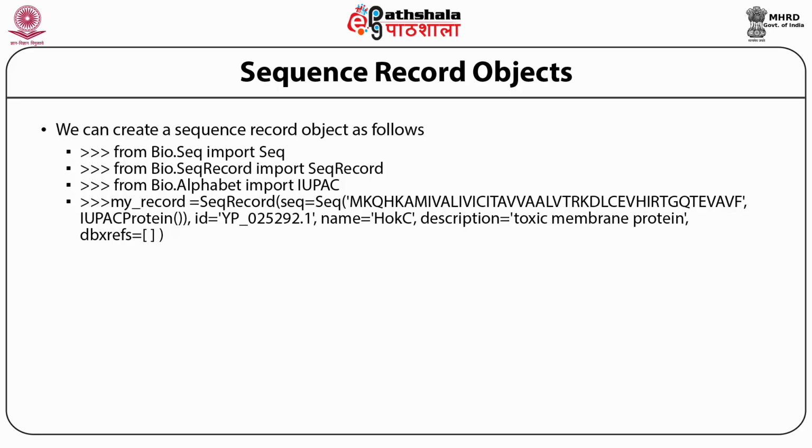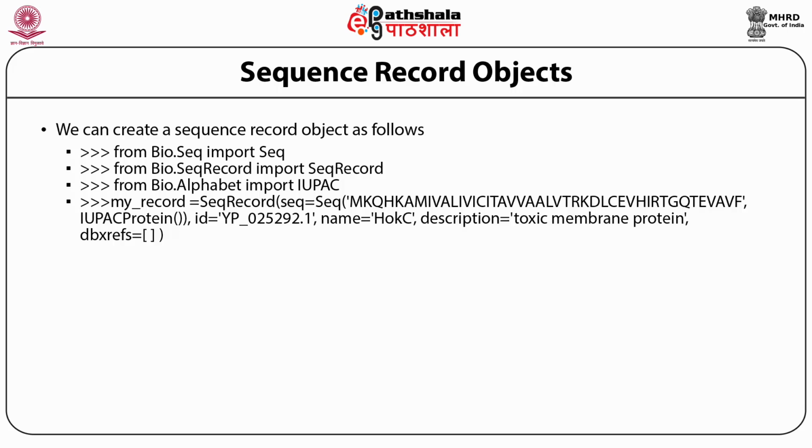So seq equals Seq, which we have already seen with a capital S is the function that creates sequence objects. So I am creating a Seq object within the SeqRecord function. I give the actual sequence; here it is a protein sequence starting with MKQ and it goes on. The sequence is given as a string, followed by a comma and the IUPAC alphabet, here IUPAC.protein. Close the bracket, and then give the main attributes and additional attributes one by one, which we saw in the earlier slide. So here I say id is equal to the corresponding ID, YP_025292.1.